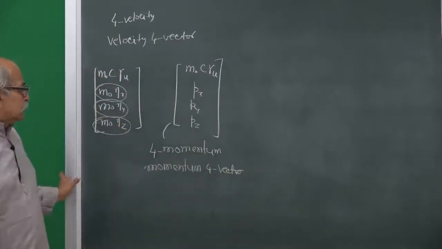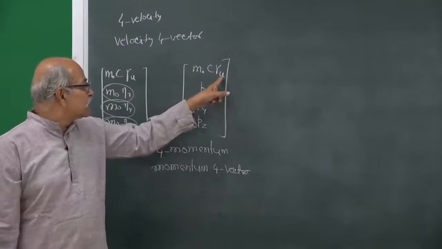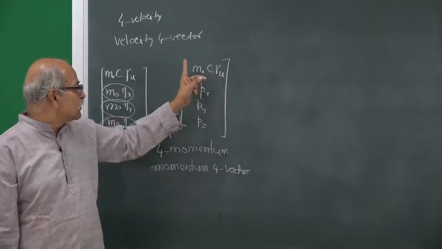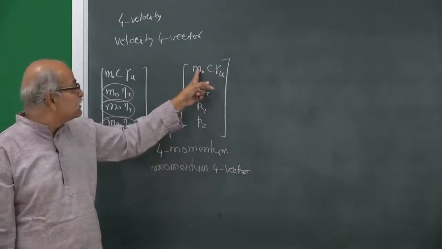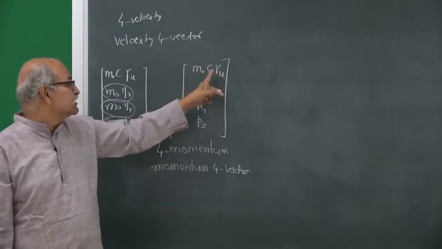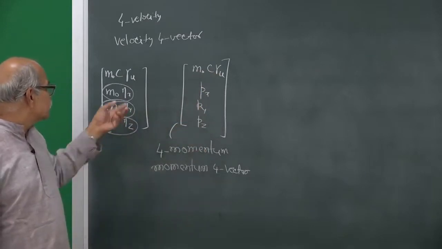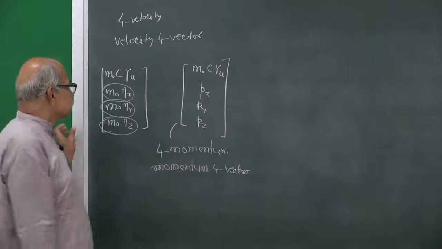Whatever is the speed of the particle, correspondingly you construct this gamma u, and then the first component is rest mass of the particle times c times that gamma u, then you have px, py, pz. If you want to write this in terms of ordinary velocity, that also you can do.